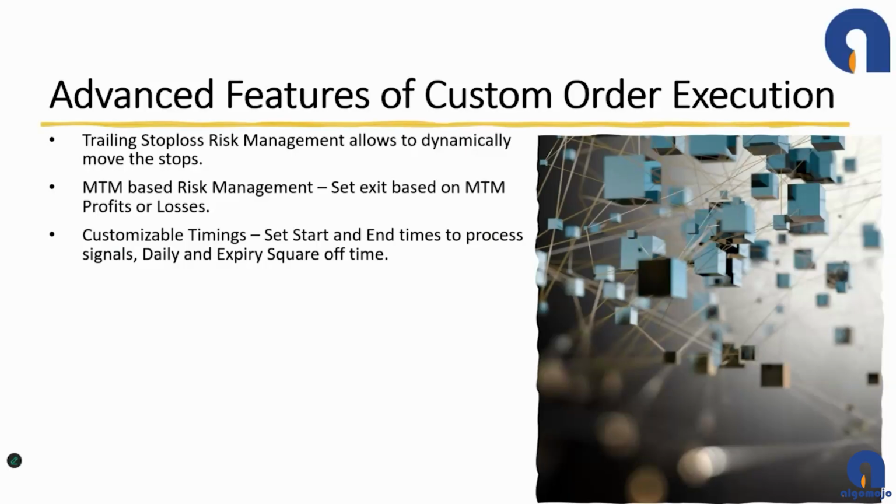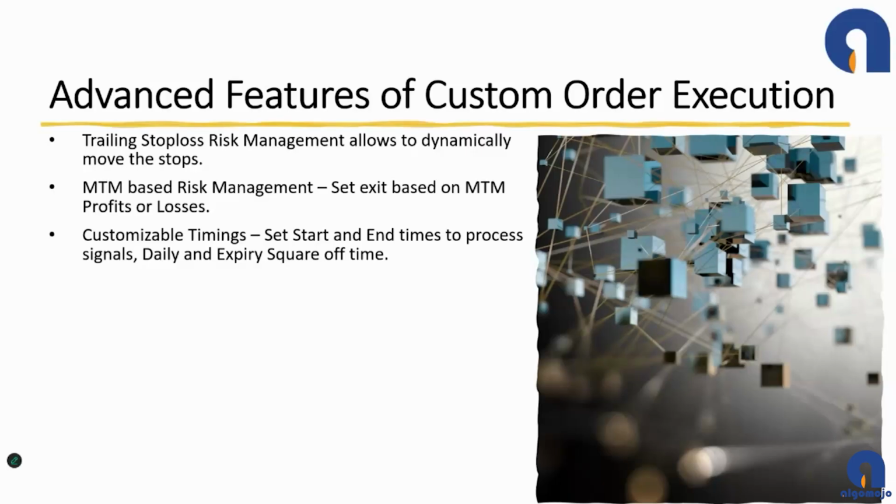It is all customizable. You can also customize things like, if you're trading intraday, if you want to close the MIS orders, say around 2:50 instead of 3:15, you can set the time also. And in terms of swing trades or positional trades, if you're carrying forward the contracts to next week or next month, you can do an auto rollover also.